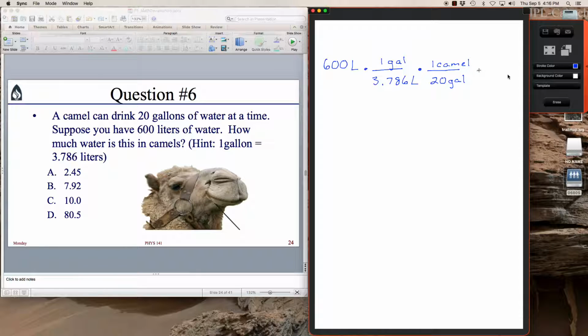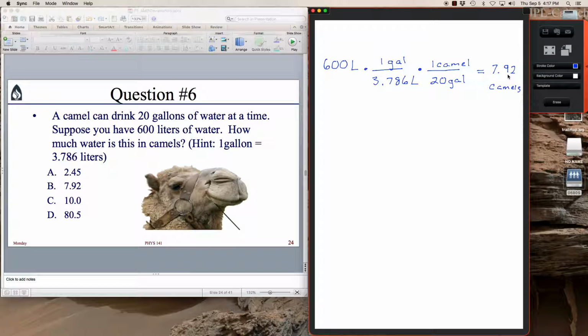So if I do that multiplication, if I take 600 liters divided by 3.786, and then divide that by 20, I get 7.92 camels. So 7.92 camels would be the response I would want to select. Of course, in reality, we would probably want to have 8 camels because camels tend to be rather integer quantities.